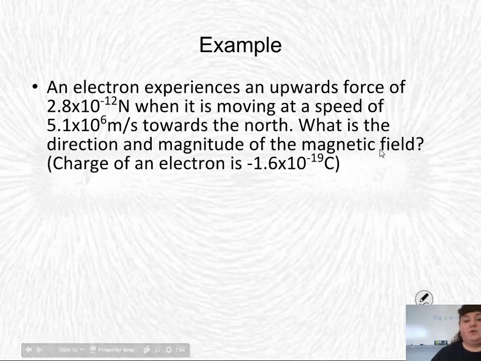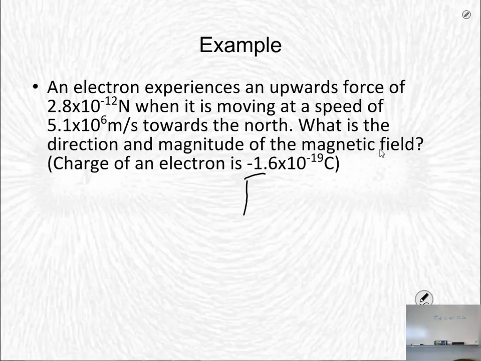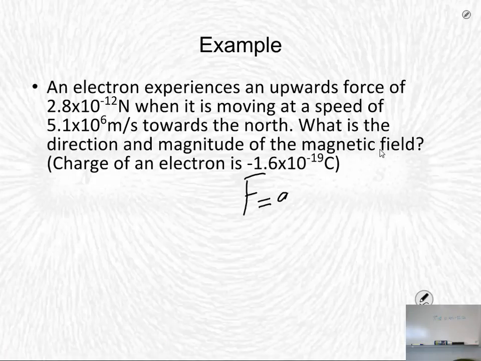So this time I'm solving for B, the magnitude of my magnetic field. But same equation. So force equals my charge times velocity times my field. I'm solving for B. My magnetic field is what I don't know. So my force is 2.8 times 10 to the negative 12.